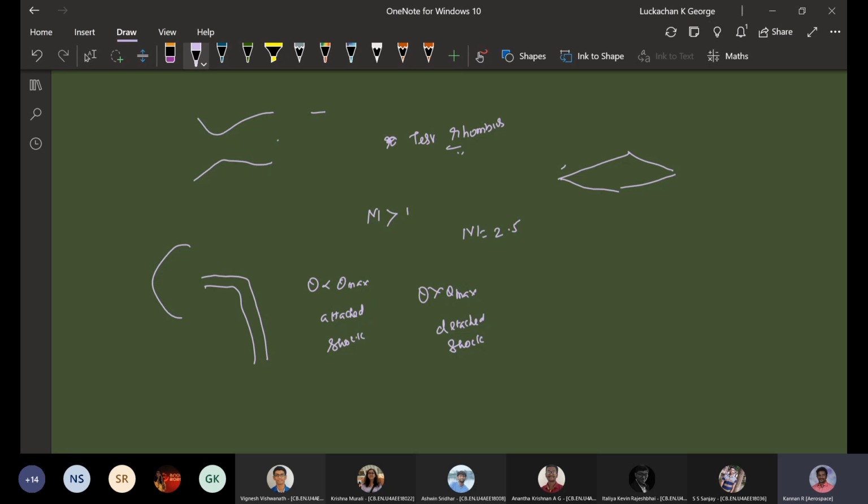So what will happen? Yes, the shock pattern will form, and we have to make sure that your model is within the test rhombus.